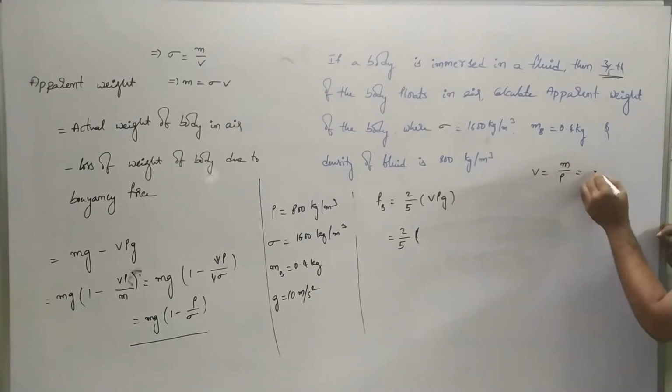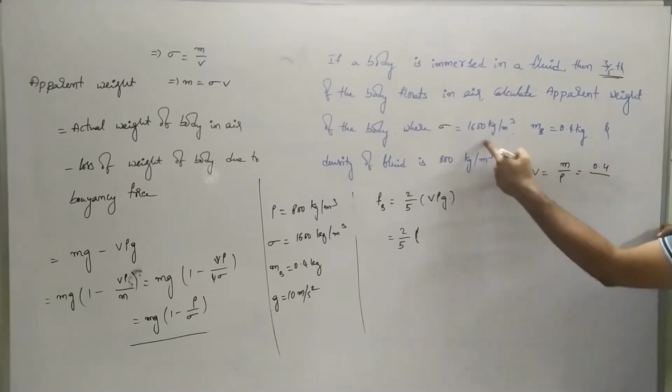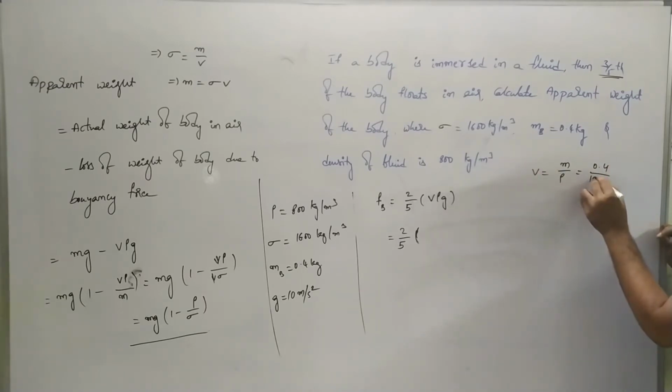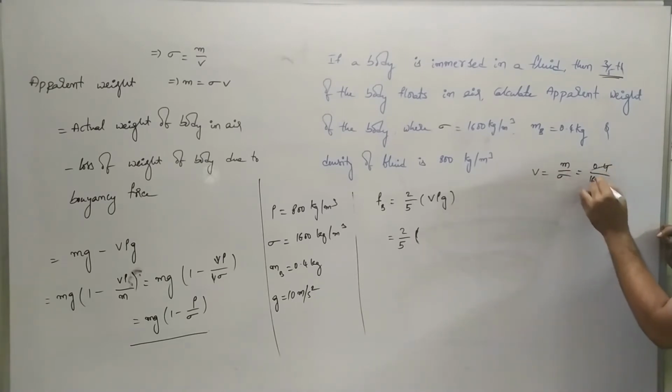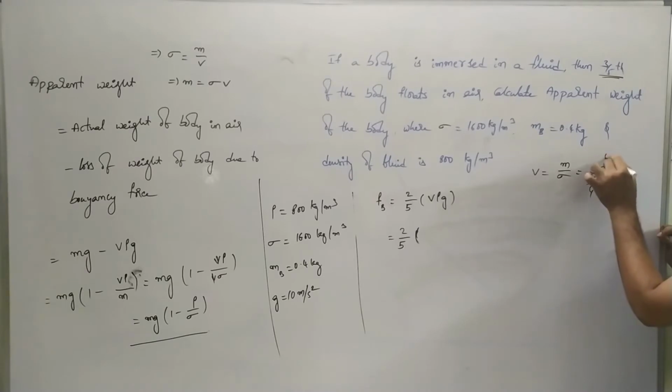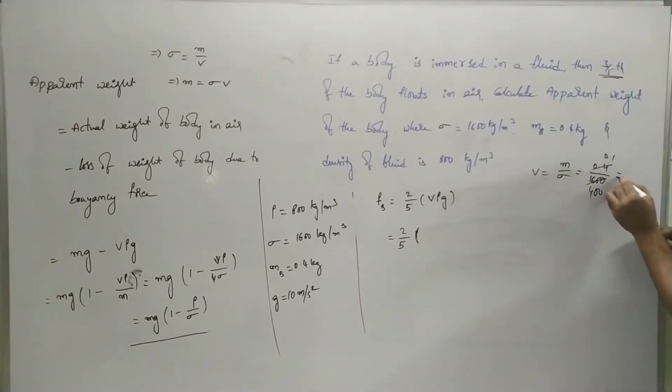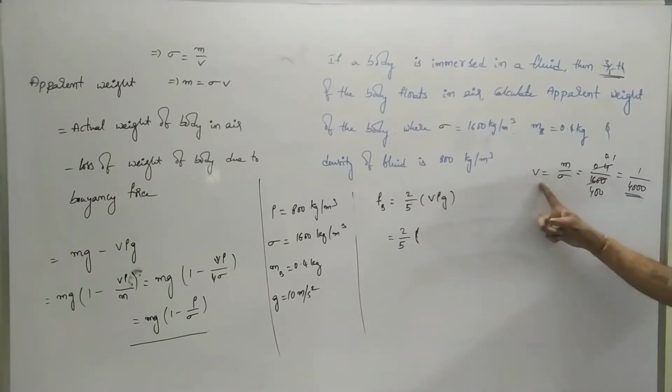The mass of the body is 0.4, divided by the density of the body, 1600. So here, 0.1 by 400. Then the expression can be represented as 1 by 4000. The volume of this body is 1 by 4000.